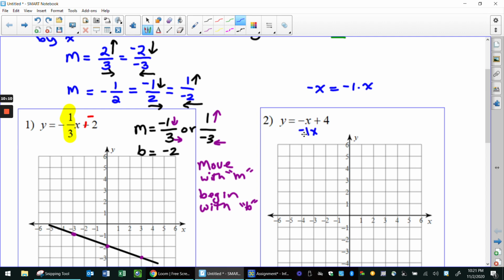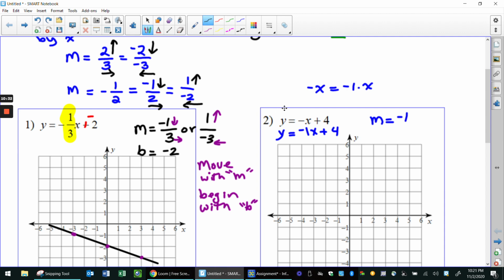And that means that the slope, if we know that the number that's multiplied by x is the slope, we can just rewrite this as y is equal to -1x plus 4. The slope is -1. And the y-intercept is the number at the end.